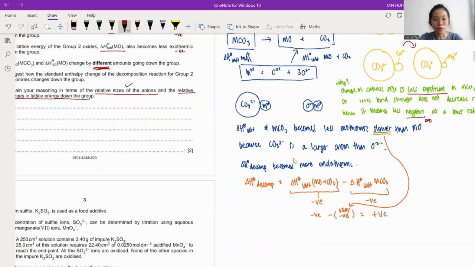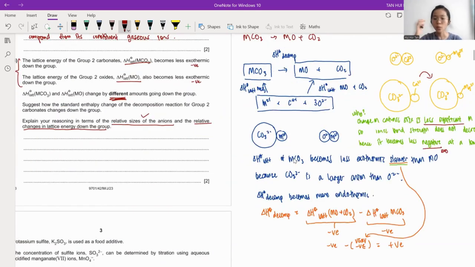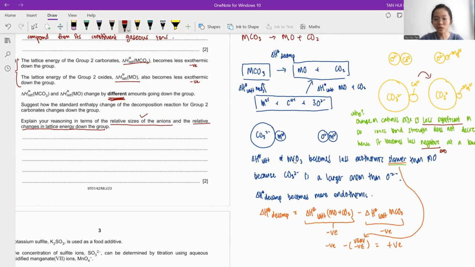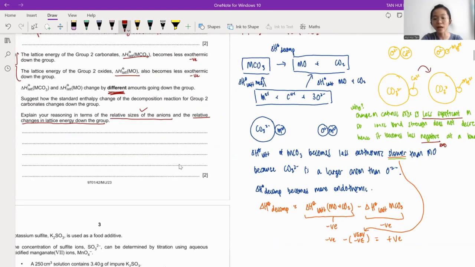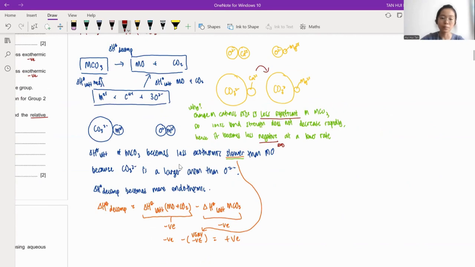And going back to the question, your carbonate MCO3 becomes less exothermic slower than magnesium oxide. Because CO3 is larger than O2 minus, your decomposition here, go back to the Hess cycle, it becomes more endothermic.